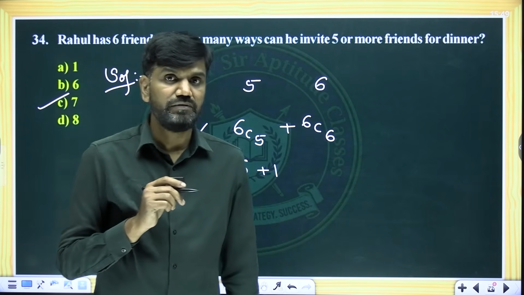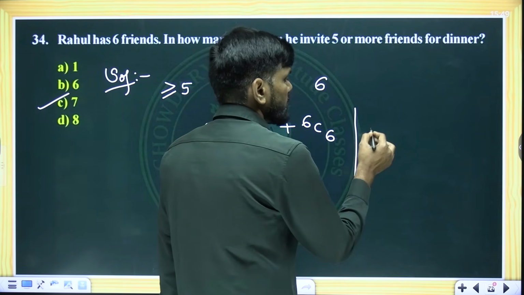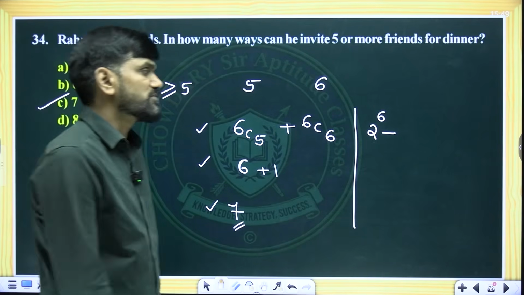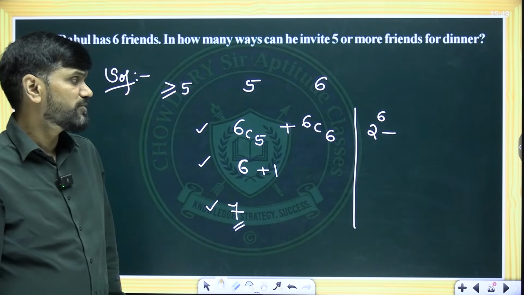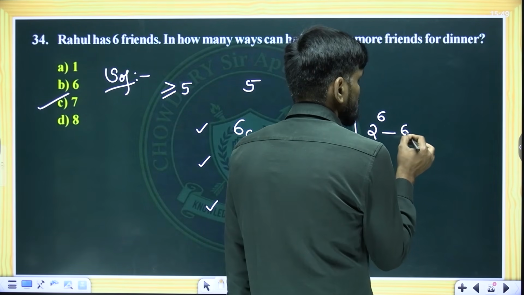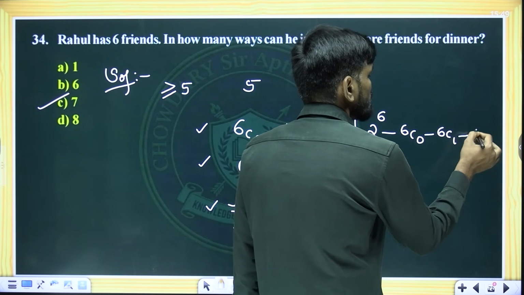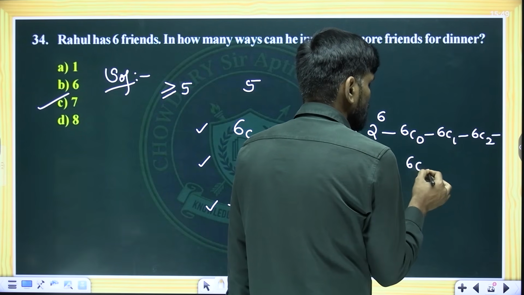Here be careful what people did. Sir, why are you not going like this? Can't we do like this? 2 power 6. Total is what? 2 power 6. 6C0, 6C1, 6C2 like that if you go. So that is 2 power 6 minus what is missing from 2 power 6? 6C0, 6C1, 6C2, 6C3, 6C4.